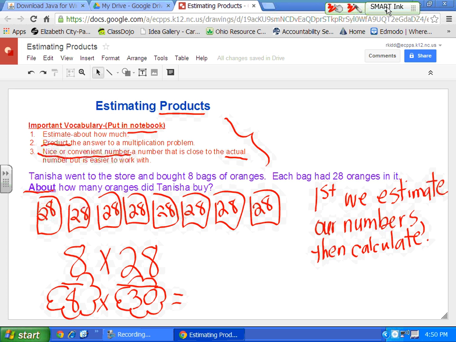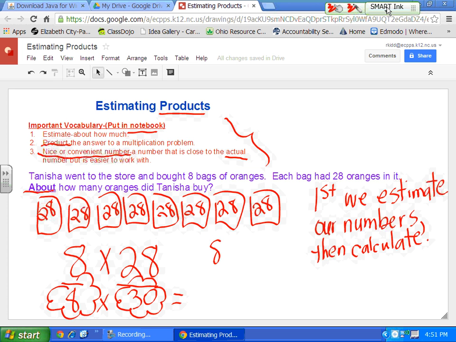So if I look at this, now you have to think back. Now I'm multiplying with a multiple of 10, and this should be easy. If it isn't, go back and look at your notes on multiplying by multiples of 10, and I'll do a quick refresher. Remember, multiplying by a multiple of 10 is just like looking at those numbers without the 0.